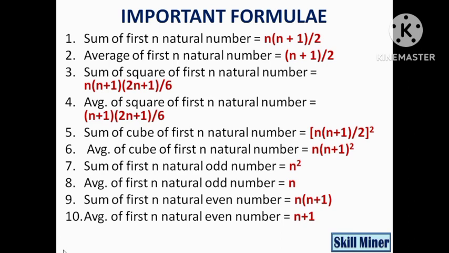See the formula guys. Come to second formula. Average of first n natural numbers is n plus 1 divided by 2. Okay. Average of first n natural numbers will be n plus 1 divided by 2.